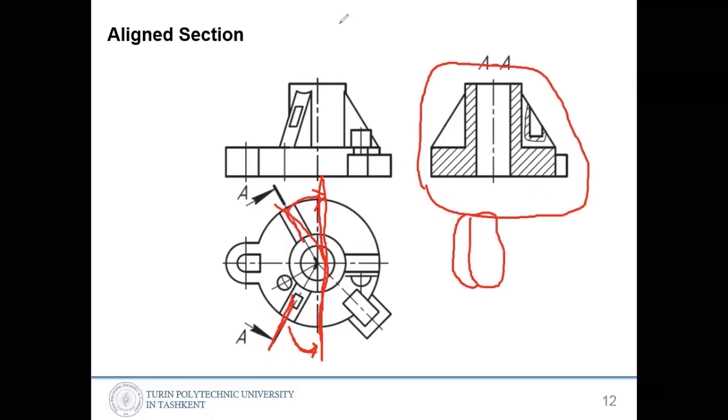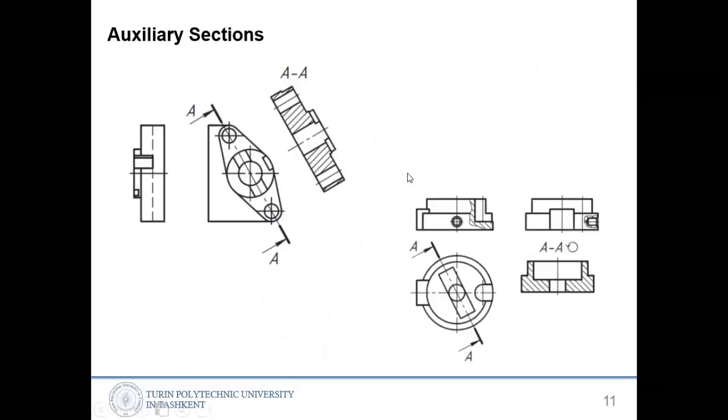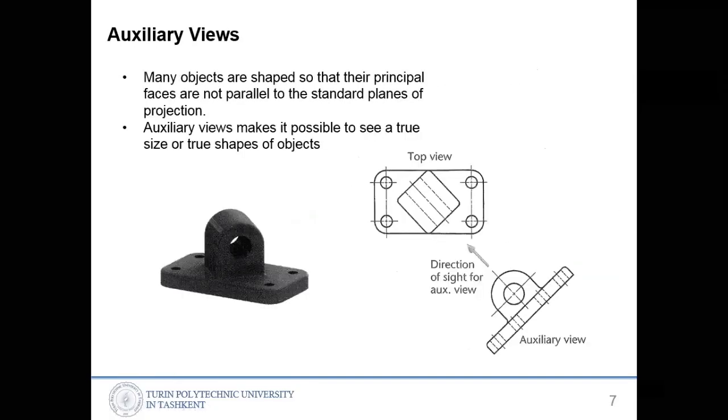Okay, so let's see other information, and then I will have a video for you. In some cases, the planes are not parallel to the projection planes. As we started, there are 3 planes, right? 3 projection planes.